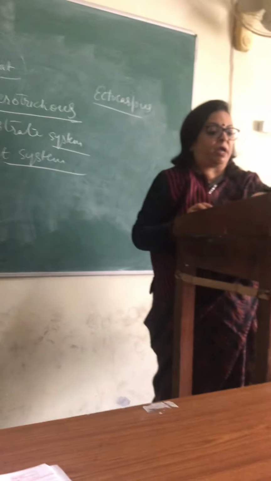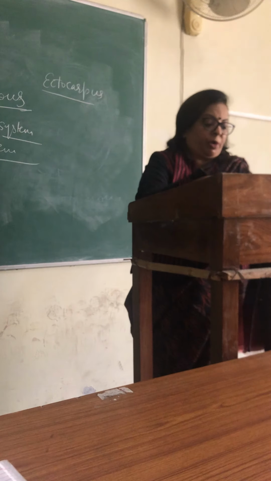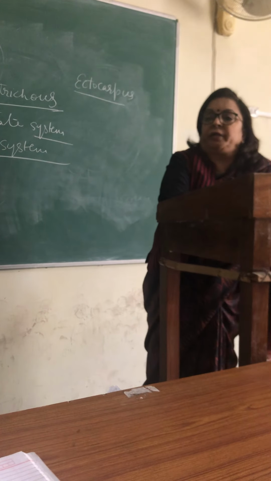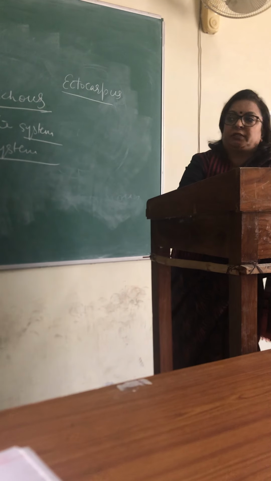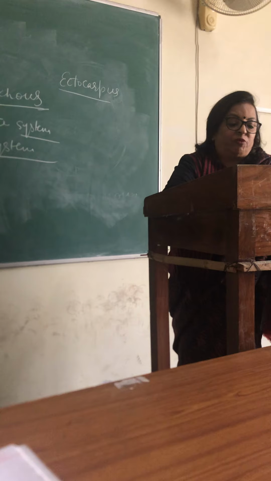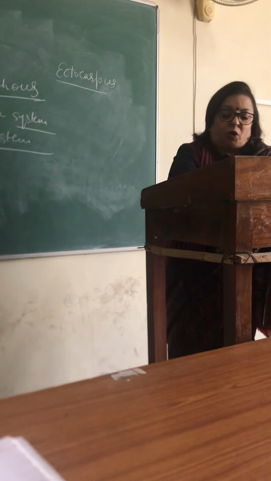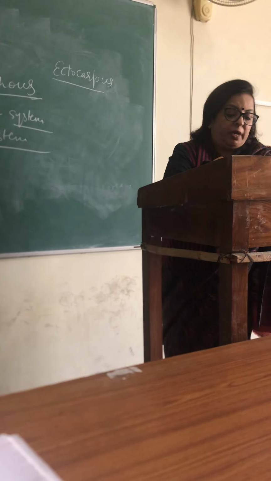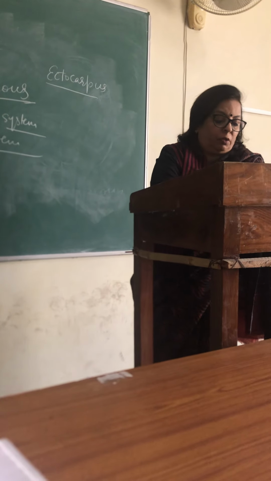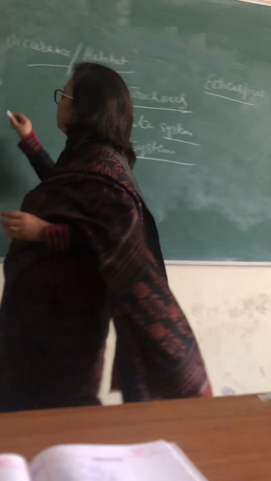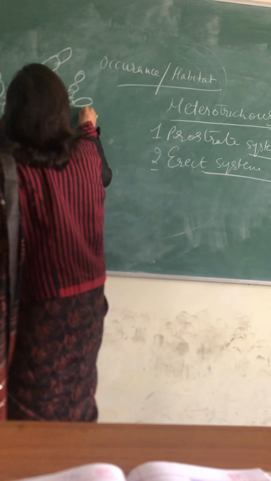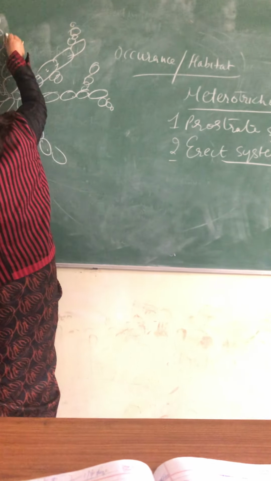I am drawing this diagram just to give you an idea, but like I have told you, certain species contain only the prostrate system, certain species contain only the erect system, and some of them contain both, prostrate as well as erect system. And in most cases the prostrate system is dominant, because these filaments, like I told you, are branched.